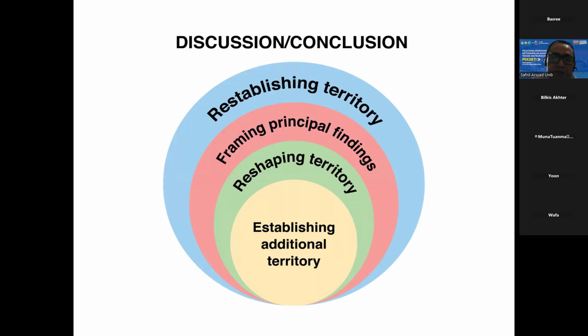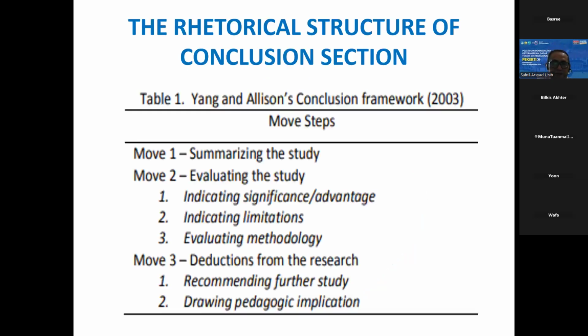So we explain our finding to establish a new territory, or reshape territory, and establishing editorial territory. Now, this is the rhetorical structure of the conclusion section according to Young and Allison in 2003.